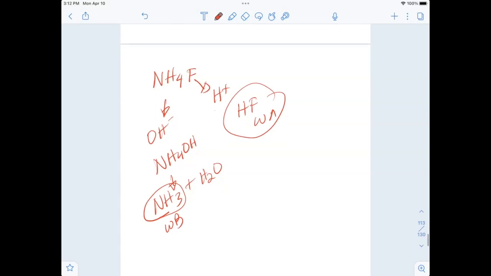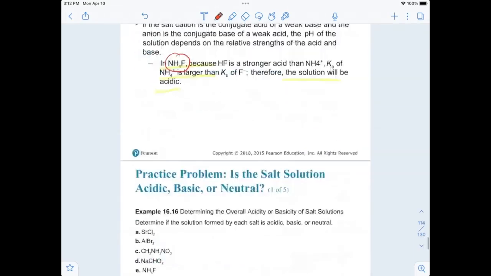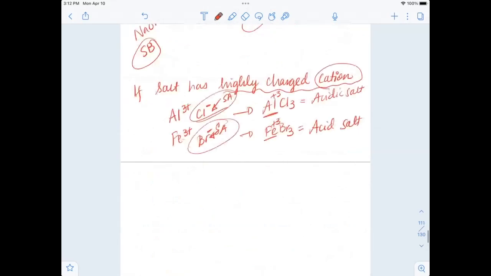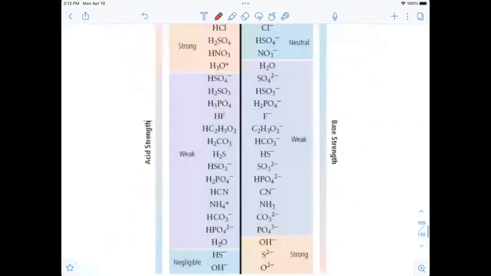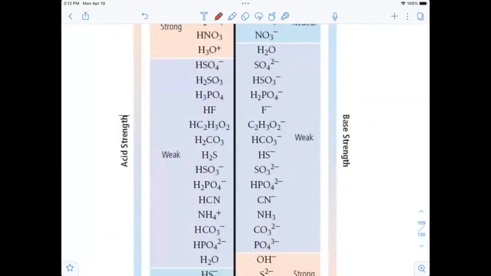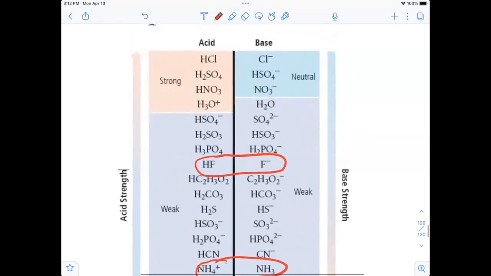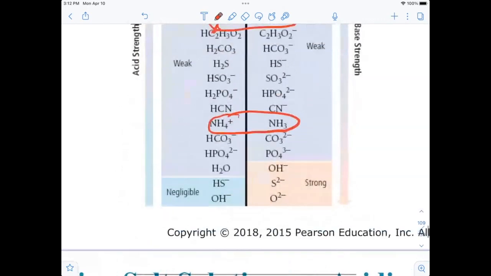So which one dominates? For this part, you go through this table right here and look at which formula appears further up. We have ammonium down here, and this is further up. So the species that's further up influences the child the most. In this case, we see that HF will influence the child, so we'll end up with an acidic salt, right?